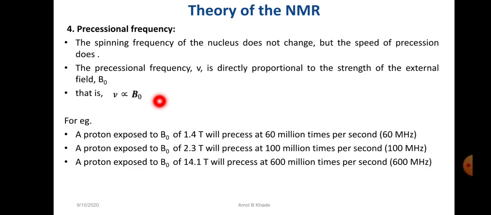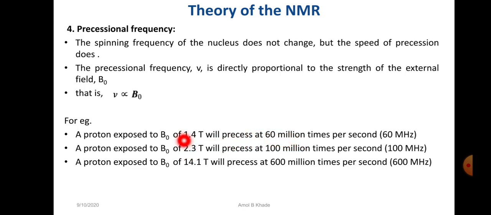To understand this in a better way, consider a nucleus of a proton. If it is exposed to an external magnetic field strength of 1.4 Tesla, the nucleus will precess at a frequency of 60 million times per second. In short, it is 60 megahertz. What we mean to say is that as we increase the external magnetic field B0, the precessional frequency also increases.